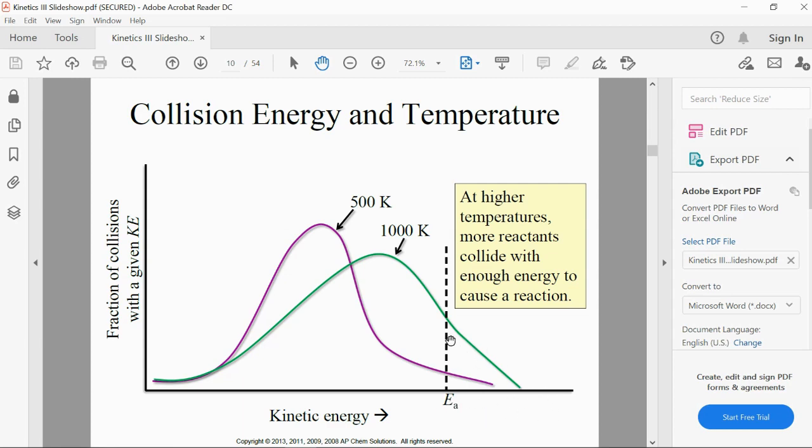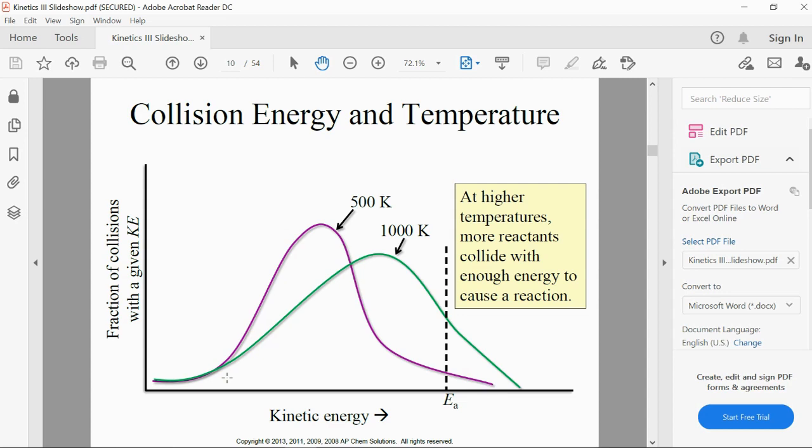So now we have all of these guys under the green curve colliding, but not colliding with enough energy to get past this activation energy threshold. And one of the things you should be able to analyze here is that at the higher temperature, I have a greater area under the curve past the threshold for 1000 Kelvin than I do at 500 Kelvin.